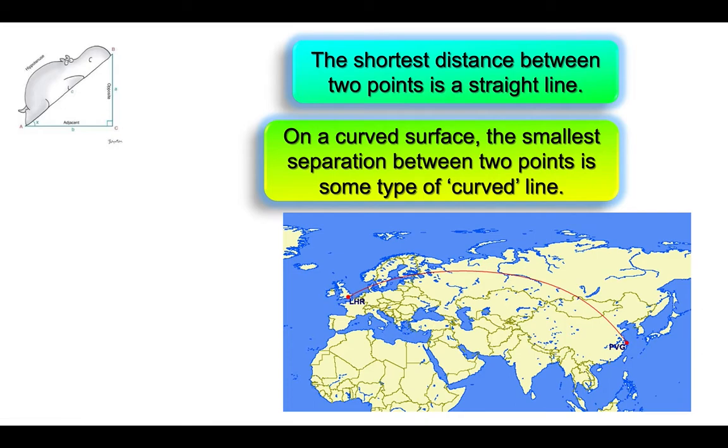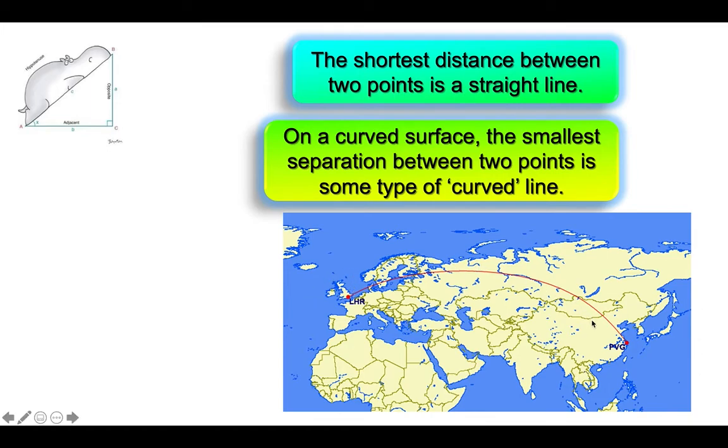And the reason for that is because when you're traveling over the surface of the Earth, you are actually traveling over a curved surface. So the shortest path along the surface of the Earth that connects London to Shanghai is not just a straight line drawn something like this. The shortest path from London to Shanghai, when you're restricted to traveling on the surface of the Earth, is actually some type of arc.